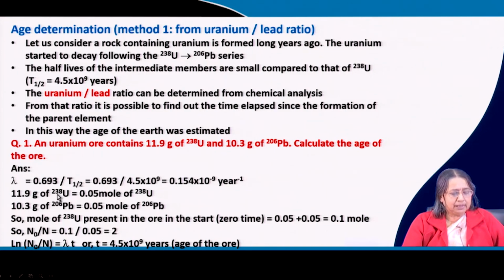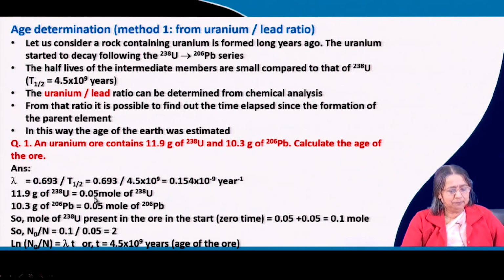Now, 11.9 gram of uranium 238 is present now. This is the present uranium amount, which is 0.05 mole, obtained by dividing by the molar mass. Now, lead at present is this much, so how many moles? This one. So, moles of uranium in the ore at the start, at time 0, is how much is there at present plus how much lead is produced, because the stoichiometry is 1:1.